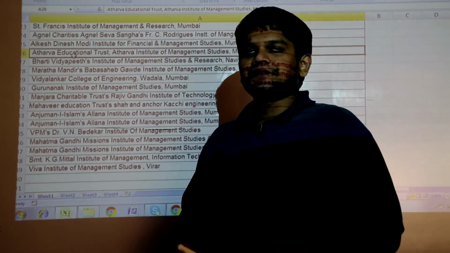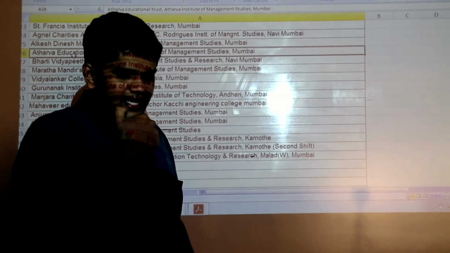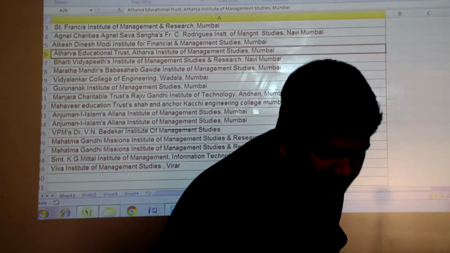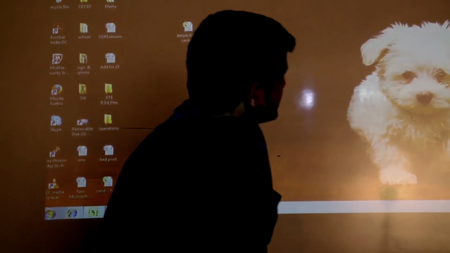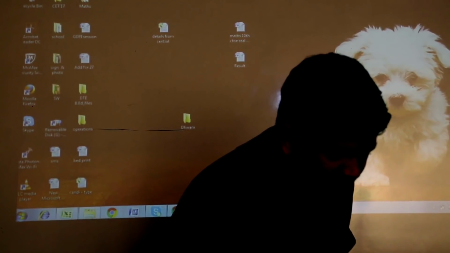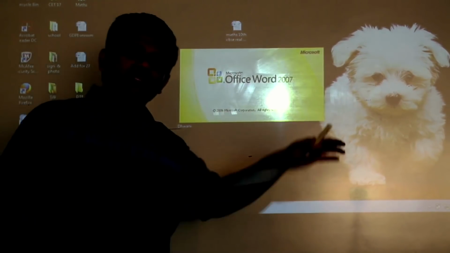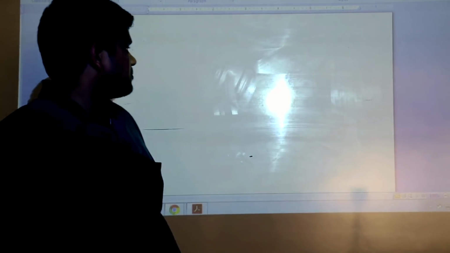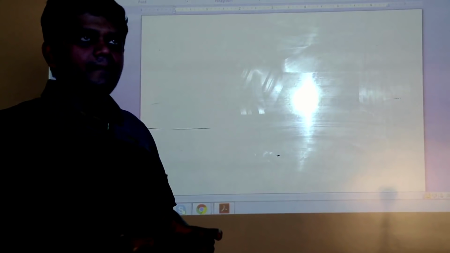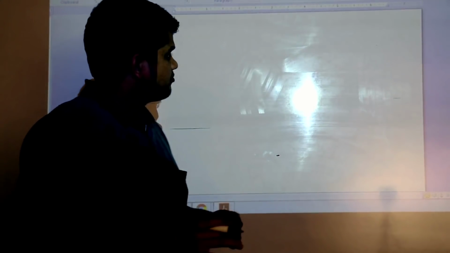The reason is, what if you don't fill it up in this order? What if somebody argues saying that I have received a very low score, so is there a point actually in filling up a college like Sydenham or KJ Somaiya or SIES or Wellingkar? Now suppose for example at your score you might not know whether you get into a Wellingkar or not.